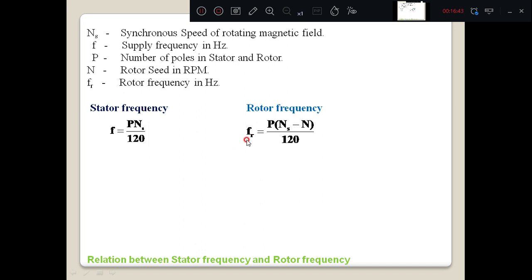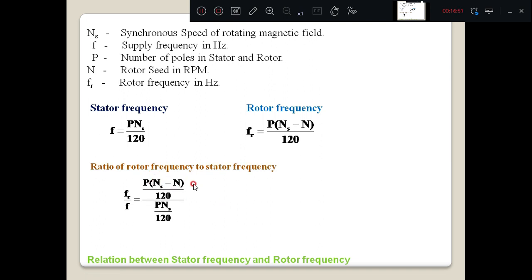Then I am taking the ratio Fr by F, which is P into bracket ns minus n divided by 120, divided by P ns by 120. The 120 and P get cancelled. Then we get ns minus n in the numerator and ns in the denominator. That is, Fr by F is equal to ns minus n divided by ns.